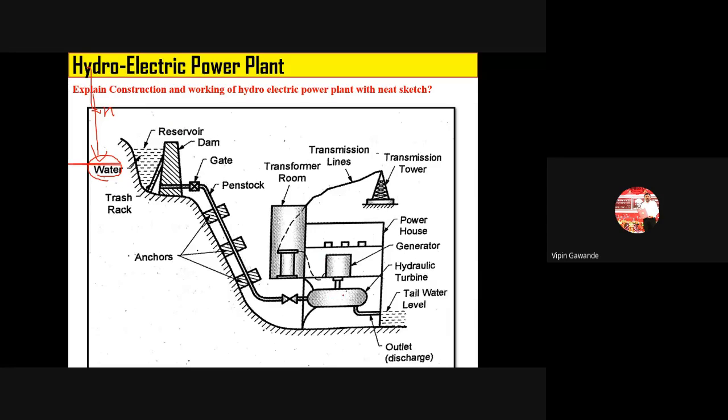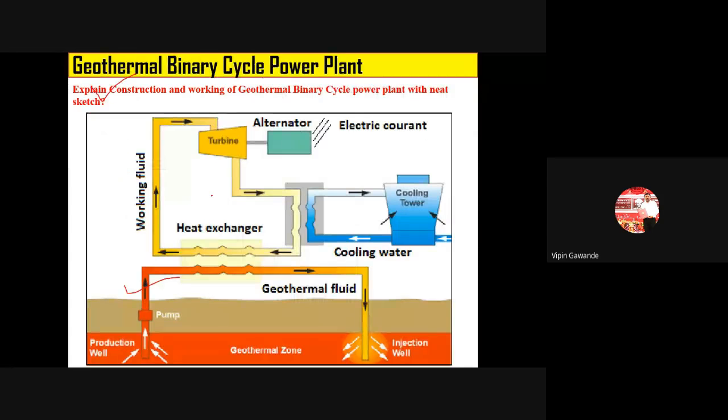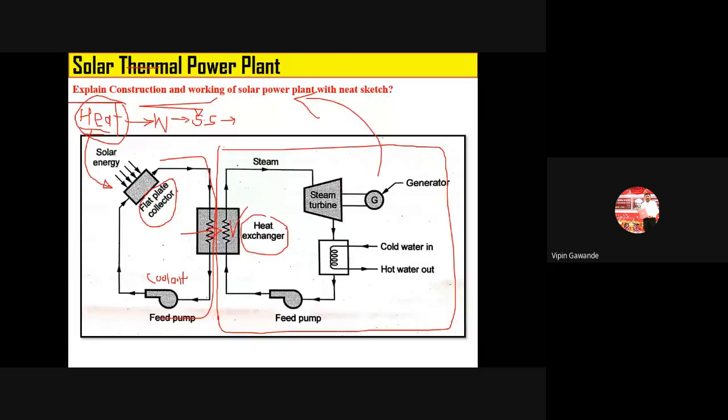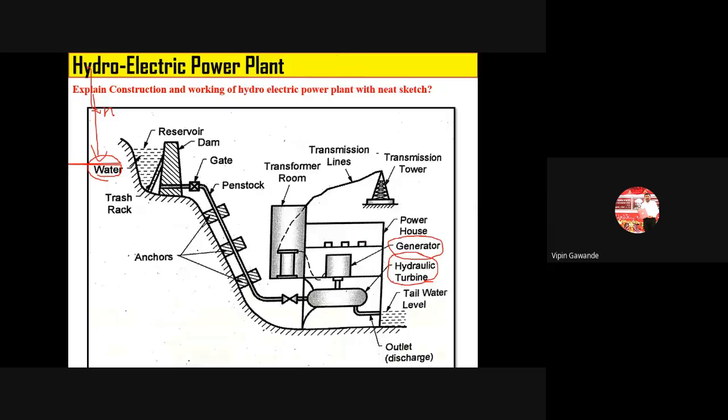Here we have the generator. In the previous power plants we used the steam turbine, because we were converting water into superheated steam. But in a hydroelectric power plant, instead of a steam turbine, we have a hydraulic turbine.